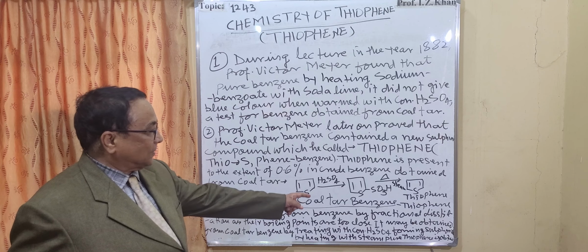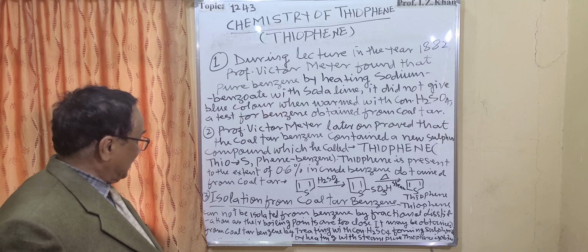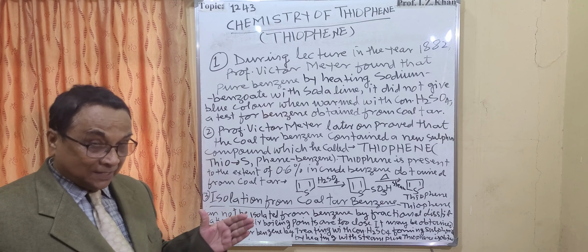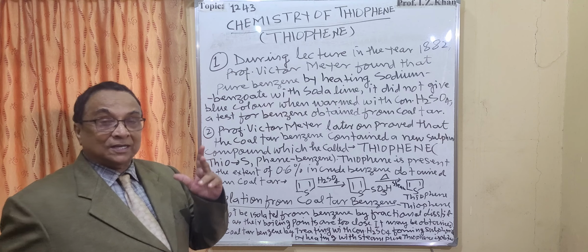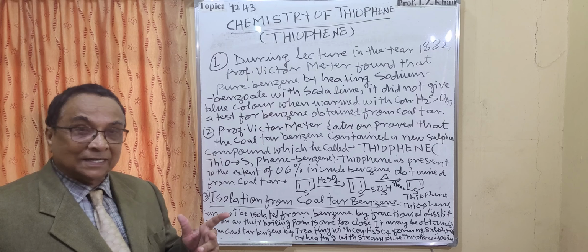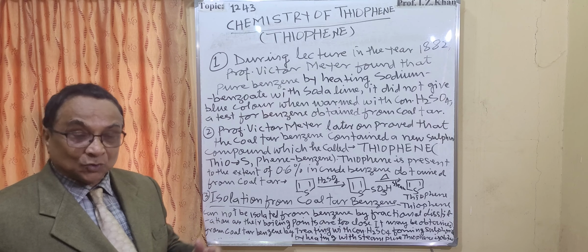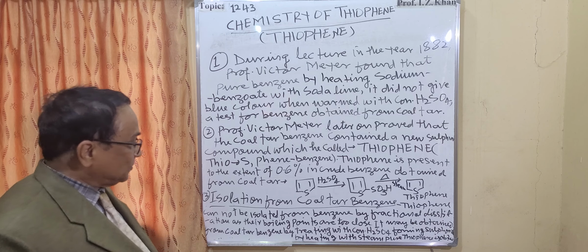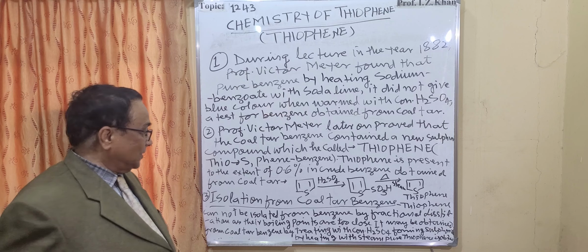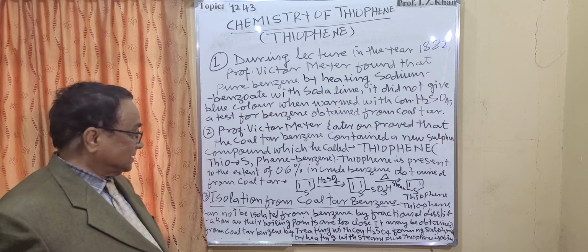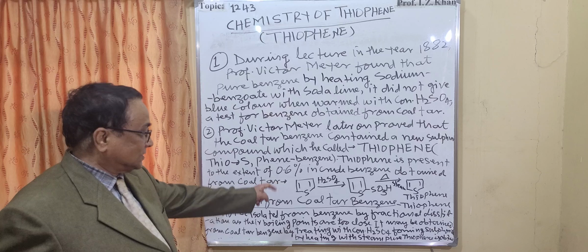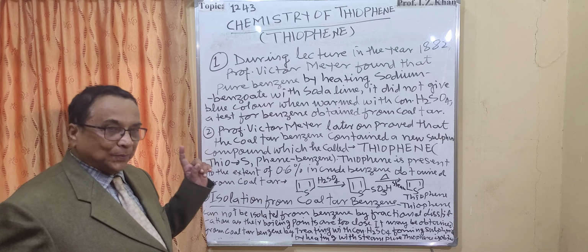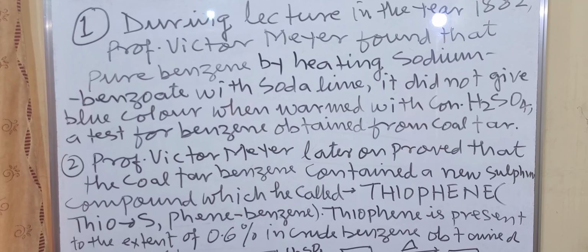This is isolation from coal tar benzene. Thiophene cannot be isolated from benzene by fractional distillation, as I have already told you, because of very close boiling points, 79 and 81, something like that. They are very close, so you cannot separate by fractional distillation. It may be obtained from coal tar benzene by treating it with concentrated sulfuric acid to form the sulfonate, and by heating with steam, pure thiophene is isolated.